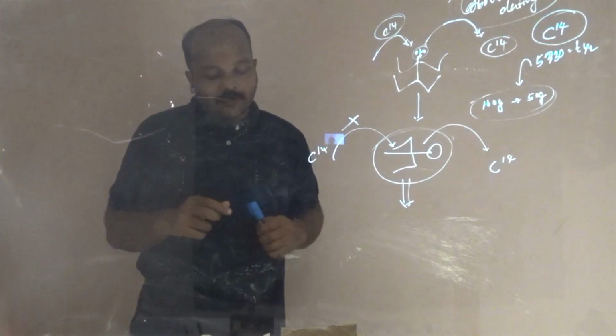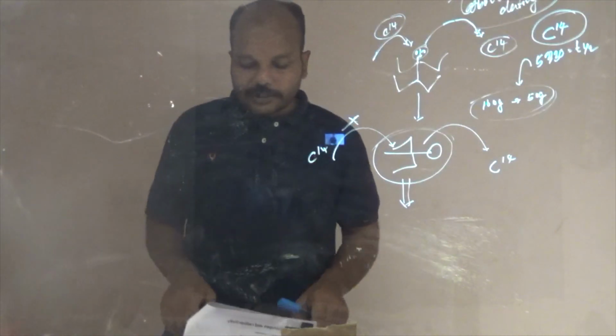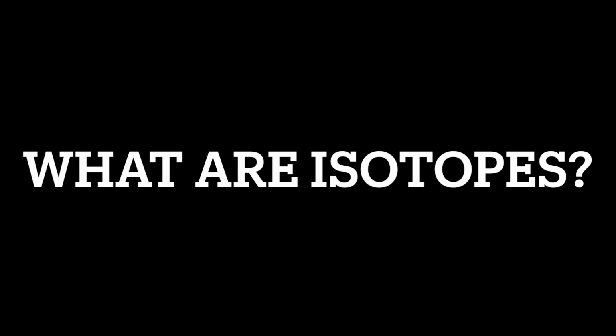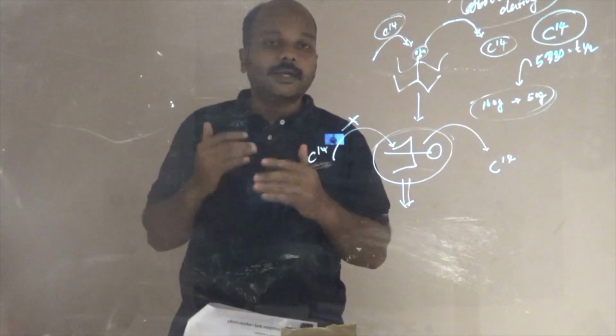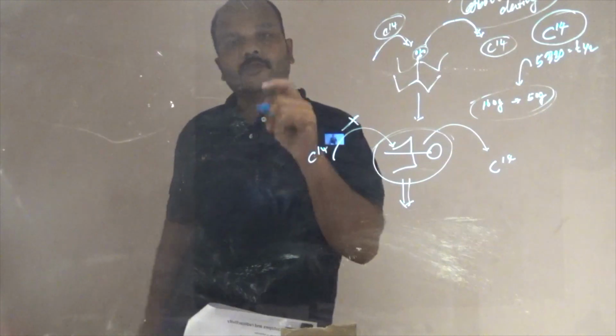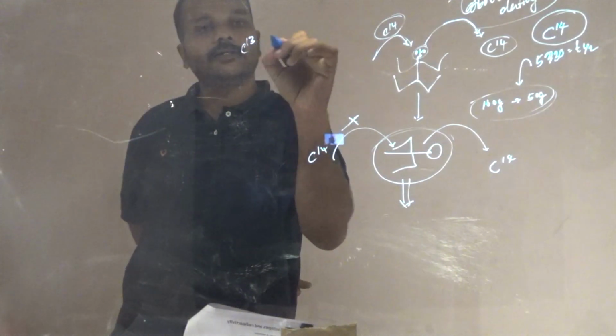Okay, now we can go into some questions. See, what are isotopes? Any species having different numbers of neutrons are called isotopes. For example, C13 and C14.